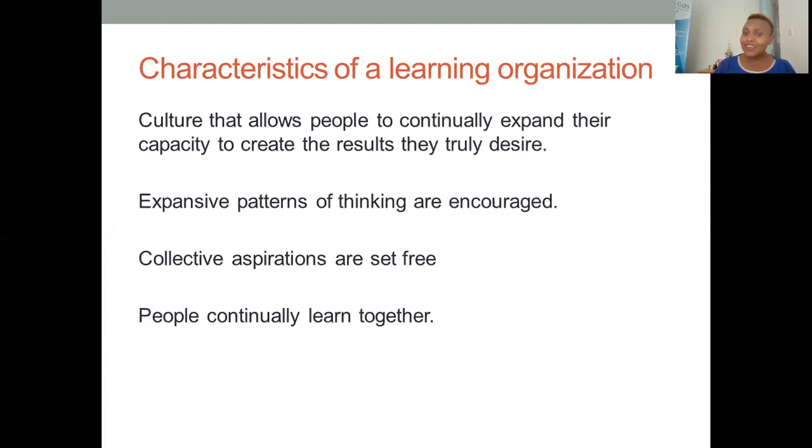So what are the characteristics of a learning organization? People are continually expanding their capacity to create the results that they desire. They're not waiting for fate. They know that they can actually create their own future. They allow for expansive patterns of thinking. People are not put in a thinking box, diverse thinking is encouraged and it is allowed.